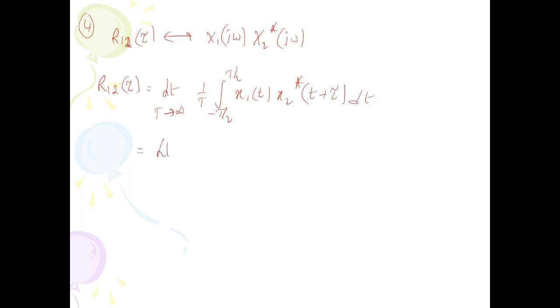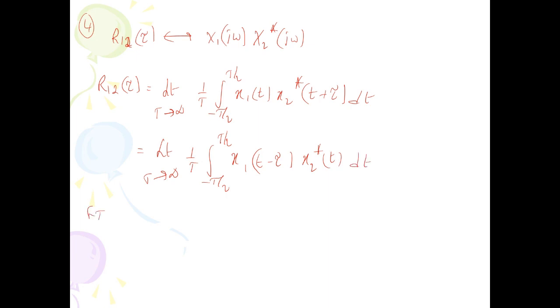Similarly, it is limit T tends to infinity 1 by T integral minus T by 2 to T by 2 x1 of t minus tau into x2 star of t dt.